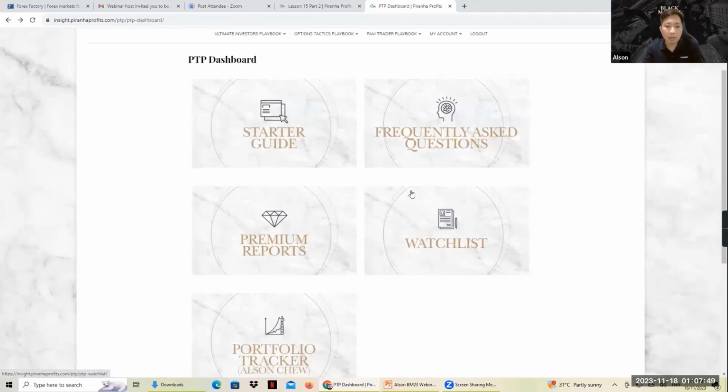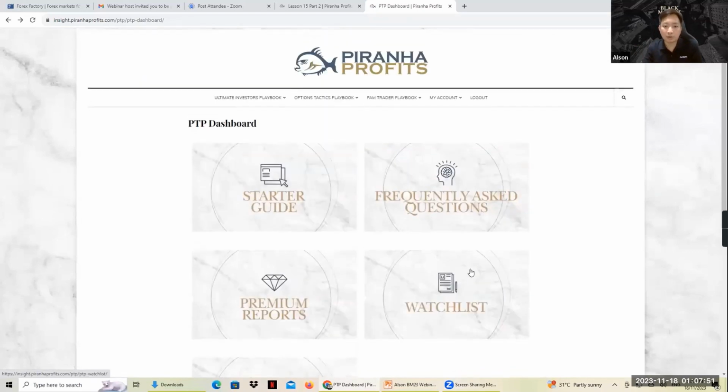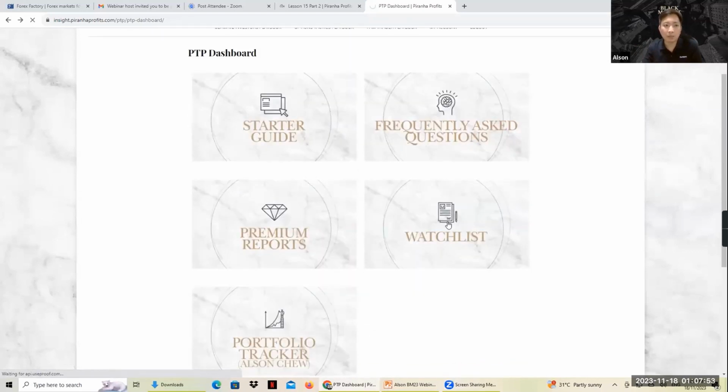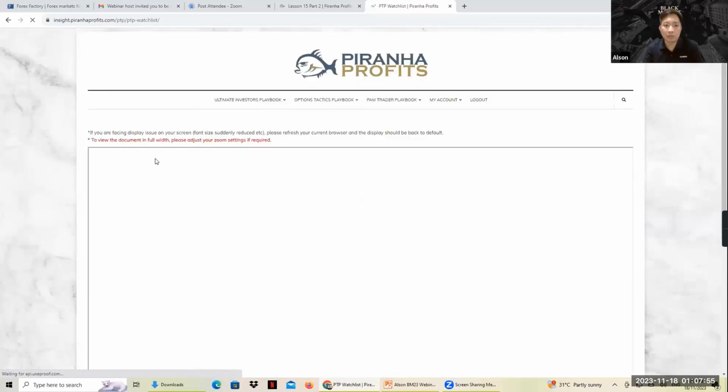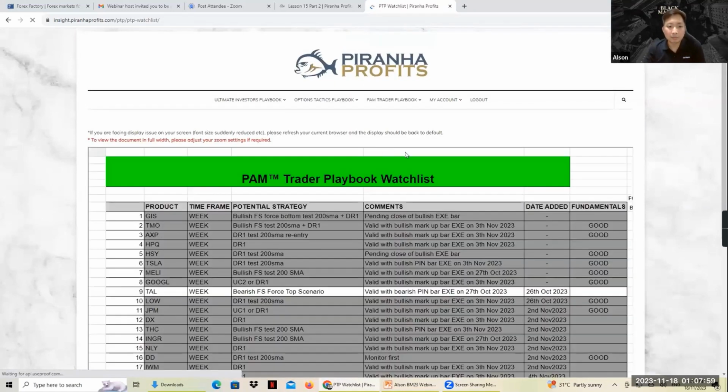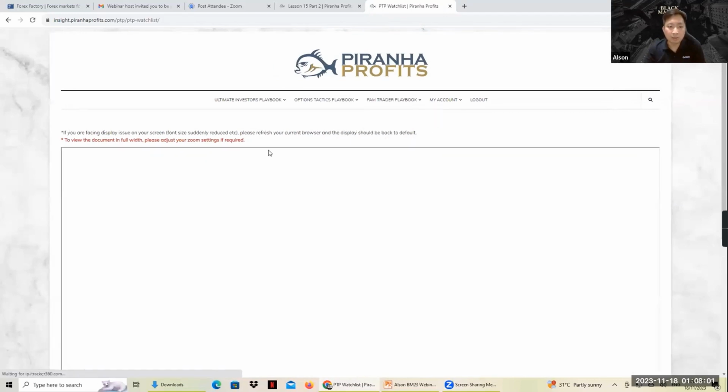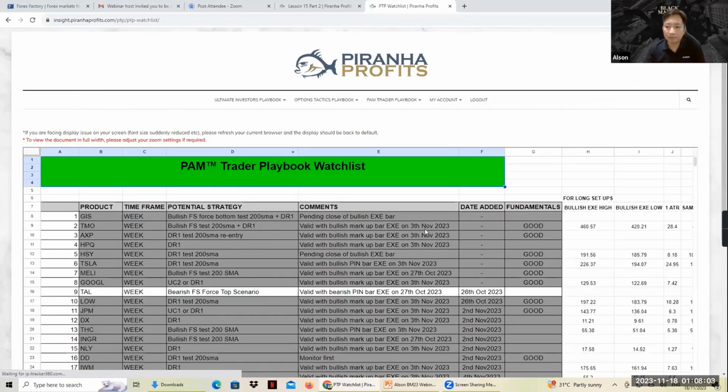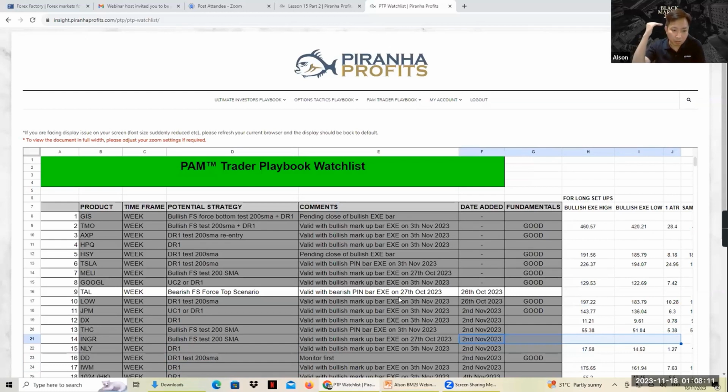And we also have this watch list over here. You can see this watch list. I also give what kind of strategy structure they have, whether they are good or not, all these things.